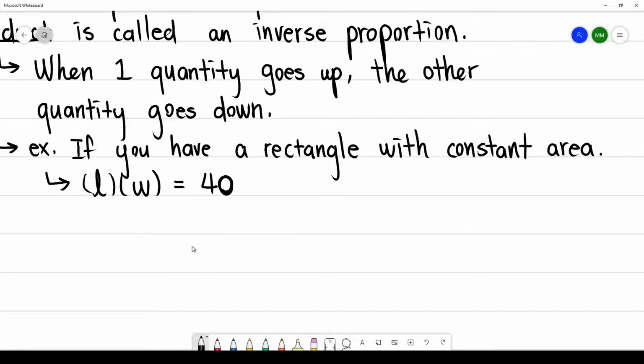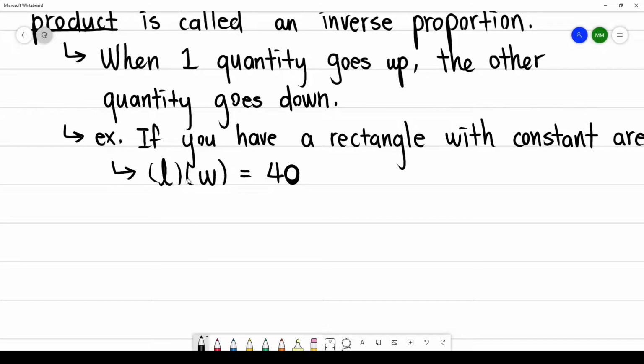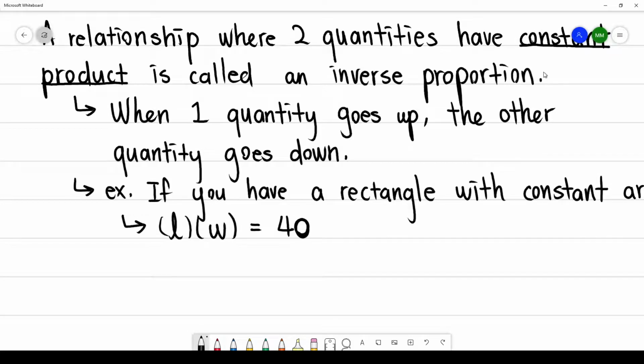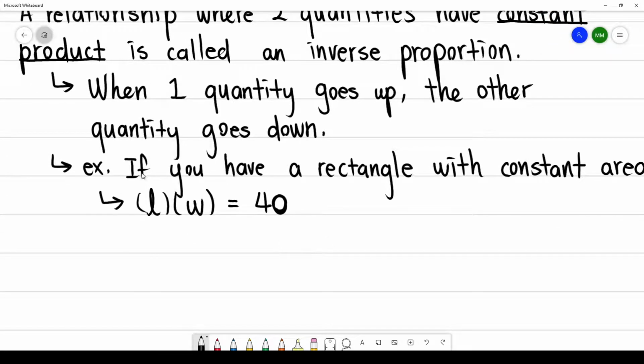Now, in this case, the length and the width are inversely proportional, we say. If you can imagine, when the length goes up, the width will go down. So let's say I multiply the length by 2, so 2L.